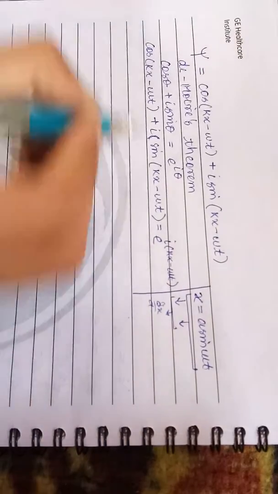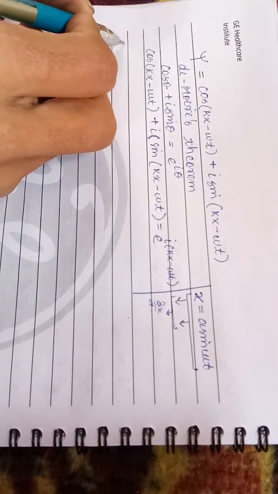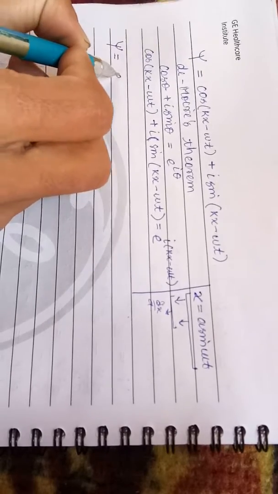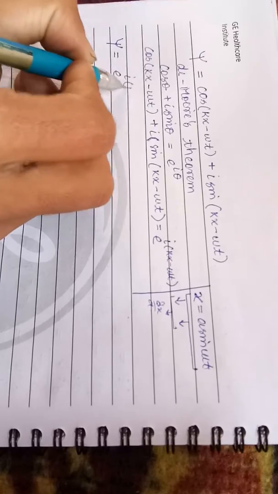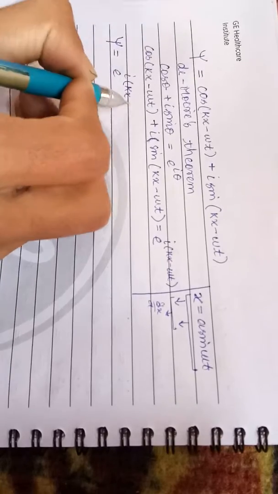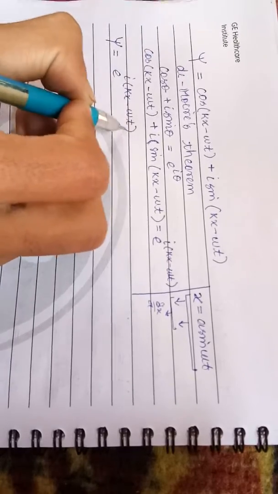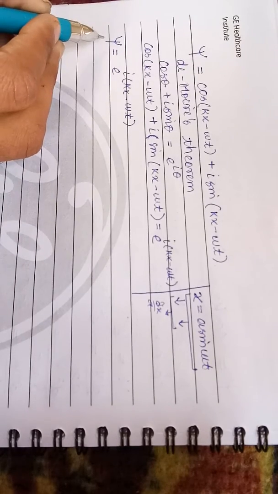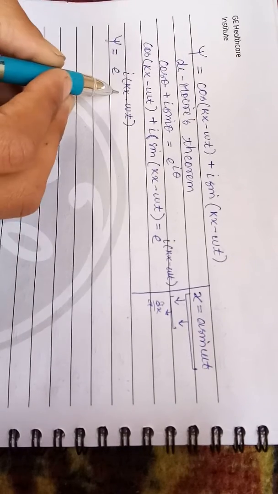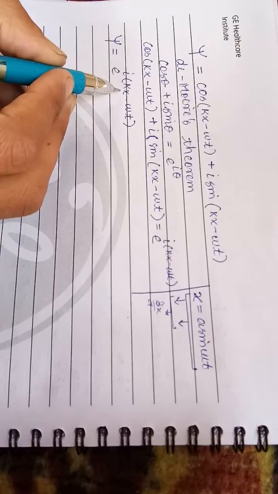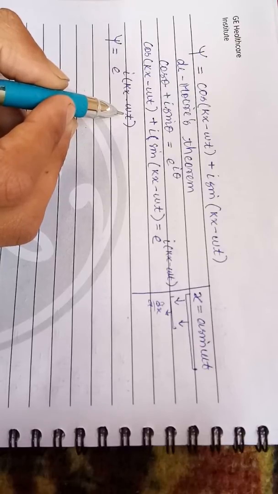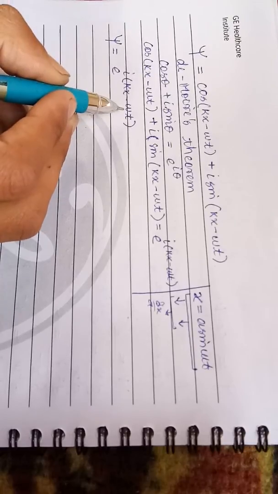Using the value over here, we may write psi equal to e raised to i(kx minus omega t). Now let me differentiate this psi with respect to x. There are actually two variables in the equation, x and t, but as I already told you, I'm gonna derive the time independent Schrodinger's wave equation.